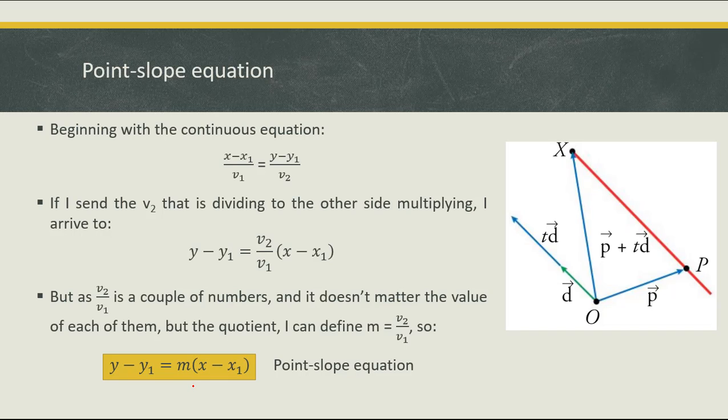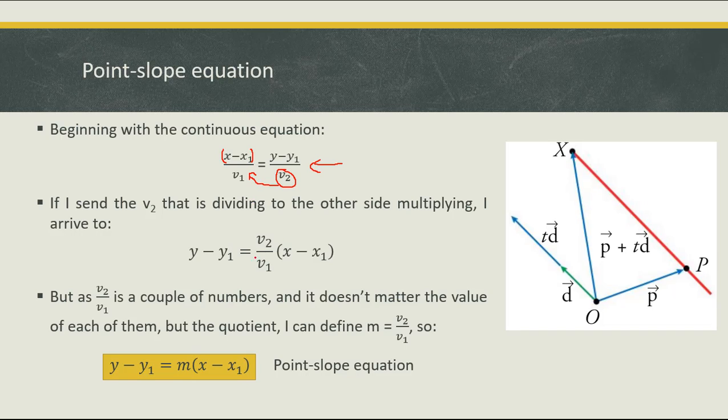Now I continue with the point-slope equation. To construct the point-slope equation, I start with the continuous equation I already presented in the previous slide. This v2 here is dividing. I'm going to send it to the other side, and on the other side, it's going to be multiplying this numerator.